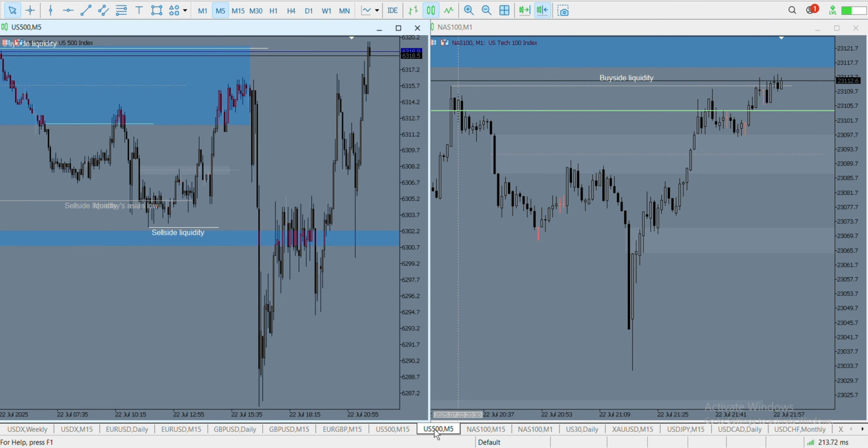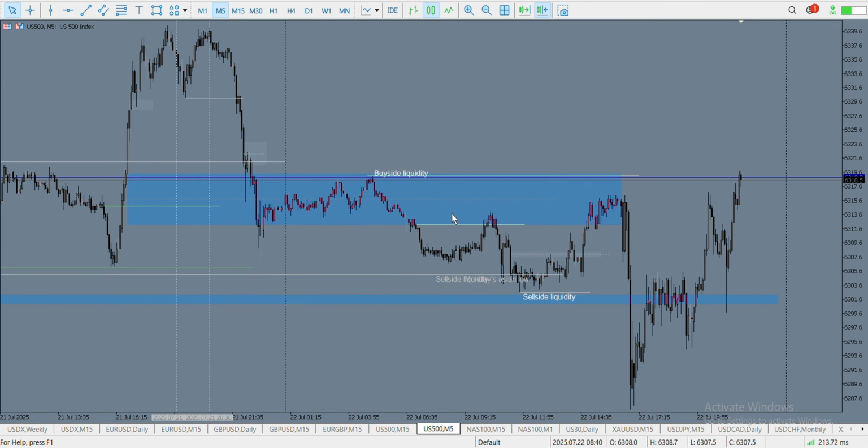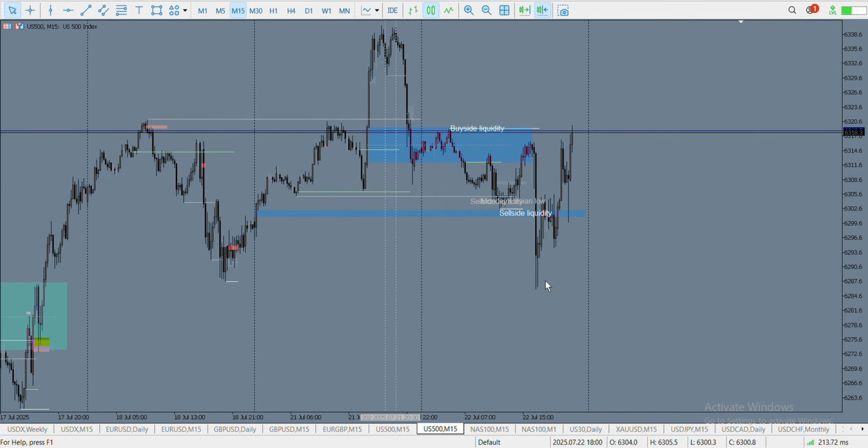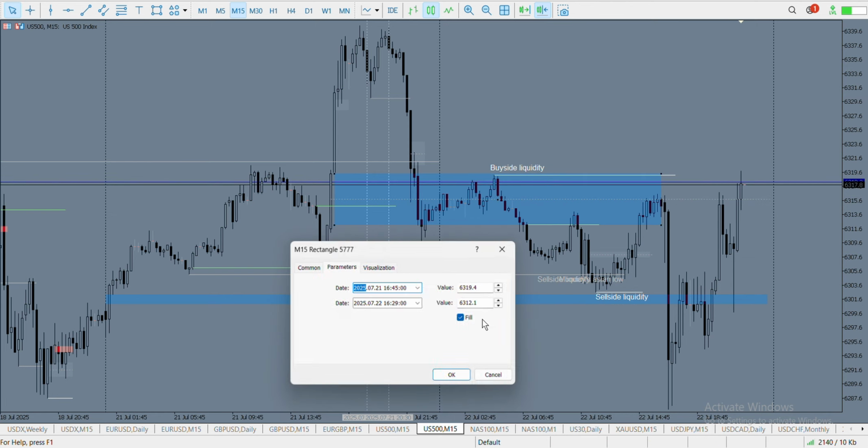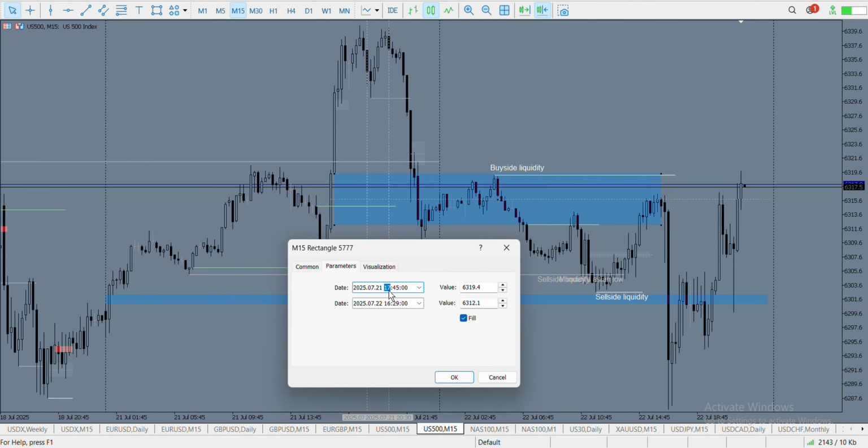Let's look at US 500. US 500 is interesting, very, very interesting. So we left these highs here after trading into these inefficiencies here in the morning session. Look at this inefficiency here. Let's extend this out in time, together with this inefficiency from yesterday.